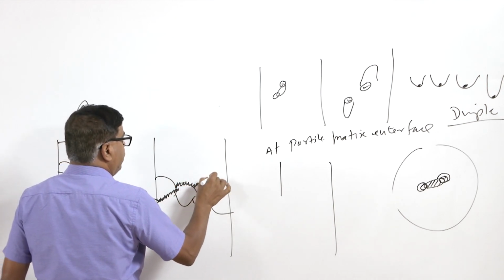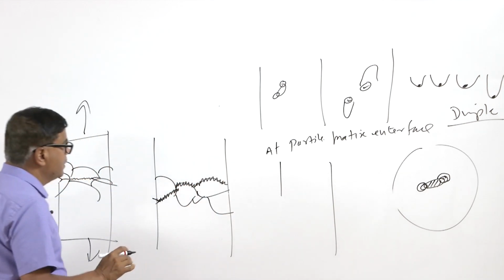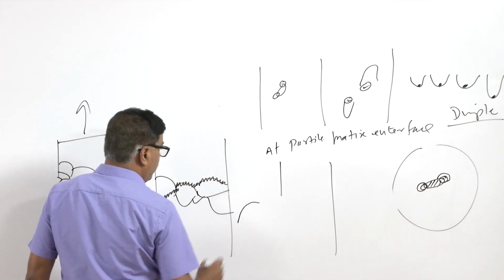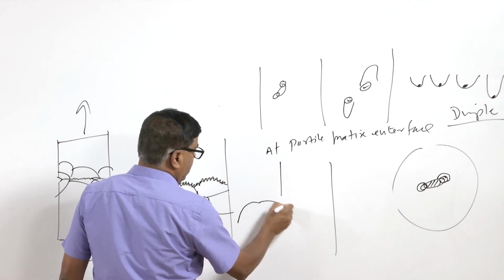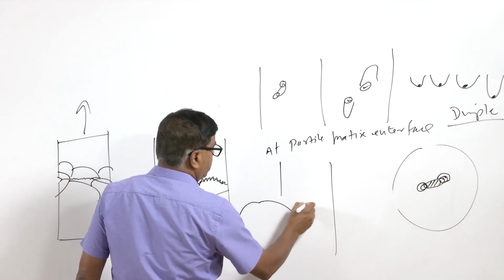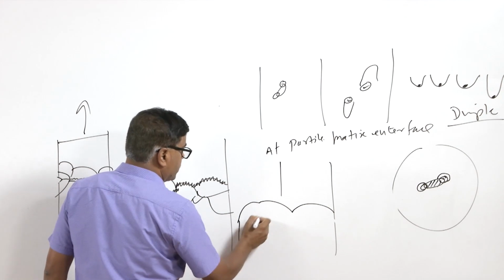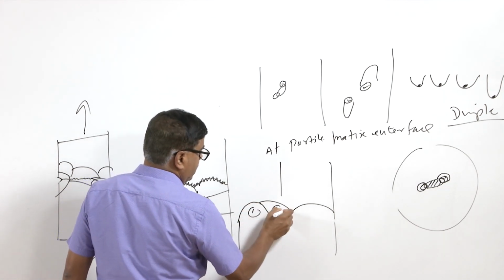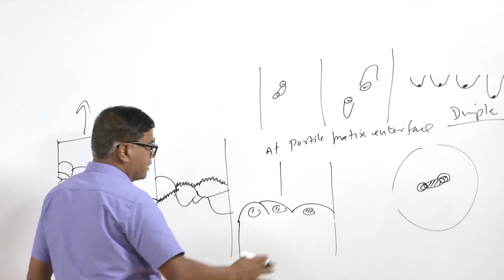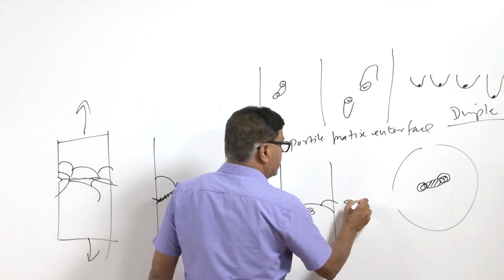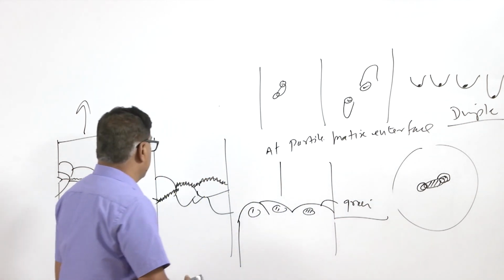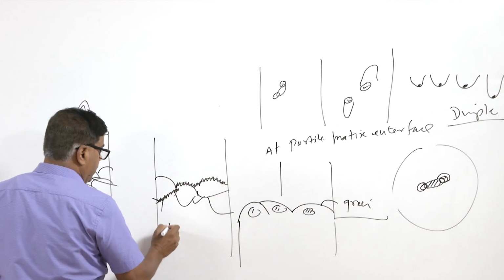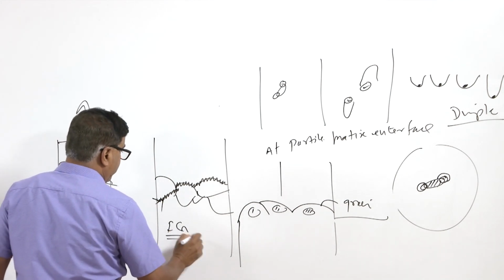When the crack follows the grain boundaries of the particular metal, we find the grain boundary of one grain, then of another grain, and then of a third grain. This is the kind of surface which we find at the grain boundary. So, this is one grain, this is the second grain, and this is the third grain. In the fracture surface we are basically able to see the grains. So, when the crack follows the grain boundaries, we call it intergranular fracture.